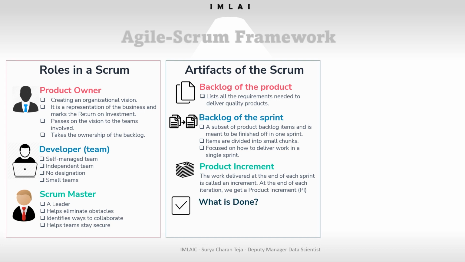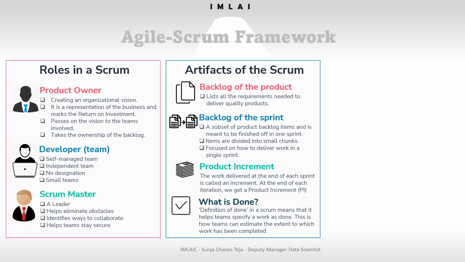So now the last artifact is the definition of done. What is done? Definition of done in Scrum means that it helps teams specify work as done. This is how teams can estimate the extent to which the work has been completed. So if you go sequentially from the product backlog to the sprint backlog, then it will become a product increment. Once everything is tested and done, then it comes under the done label.